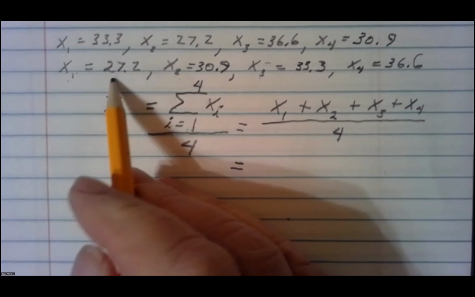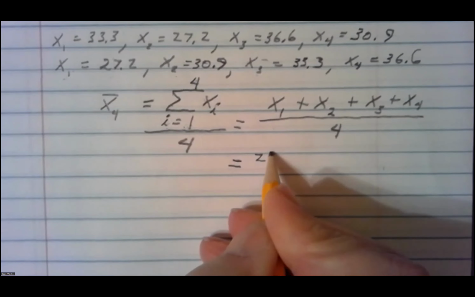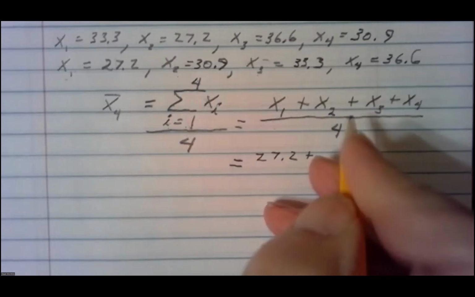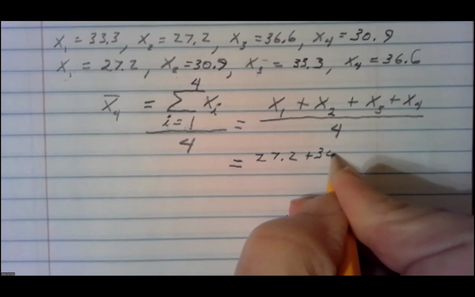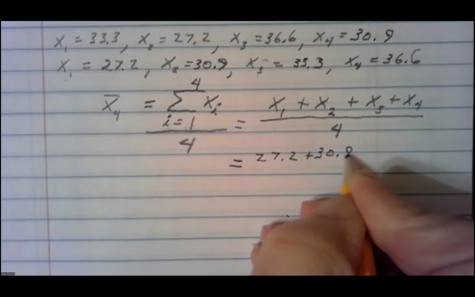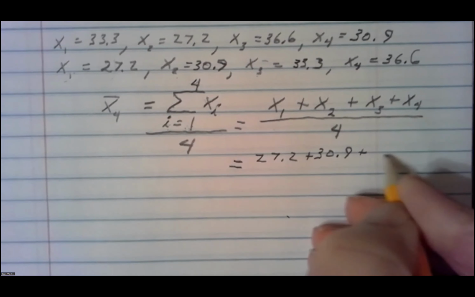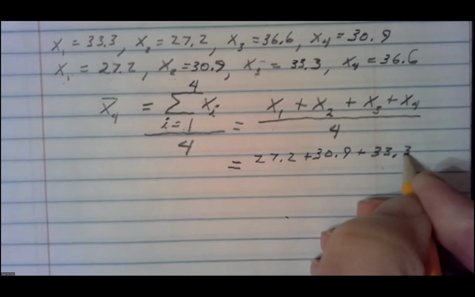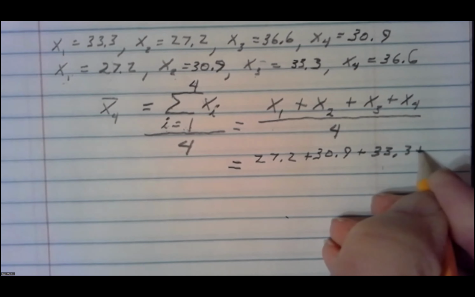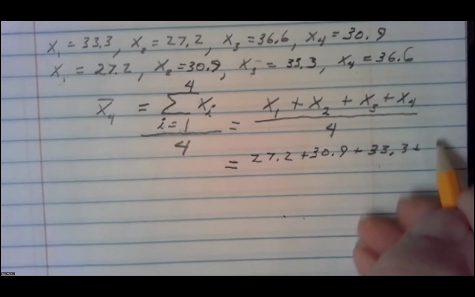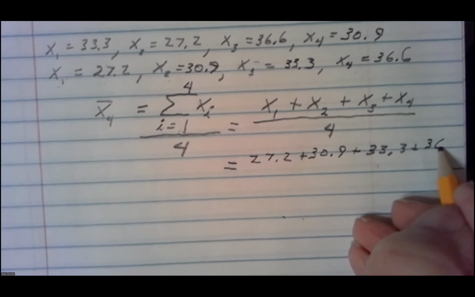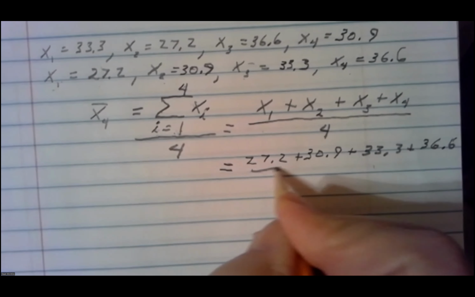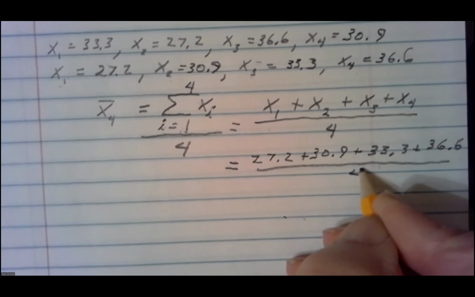So in symbols, we have x sub 1 is 27.2 plus x sub 2, which is 30.9 plus x sub 3, which is 33.3 plus x sub 4, which is 36.6, and that's all divided by 4.